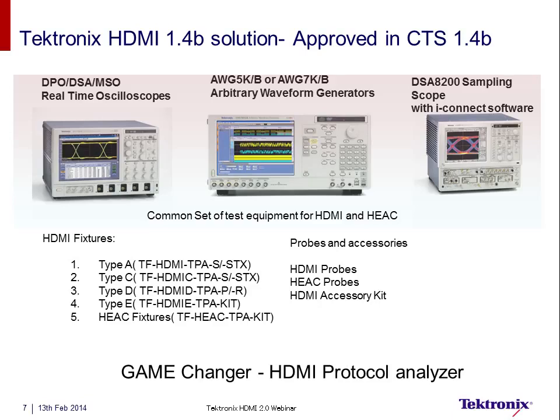Apart from the main equipments, what we see here, we have the entire portfolio of the fixtures, whether it is for Type D, which is micro HDMI for mobile phones, Type E for automotive, Type A, which is the normal HDMI, or the Type C connector, which is the mini HDMI, which is typically used in still cameras and handheld devices.